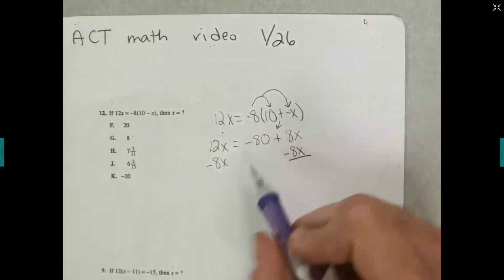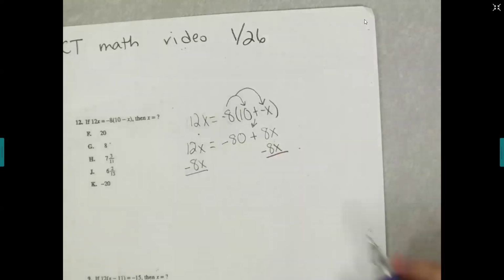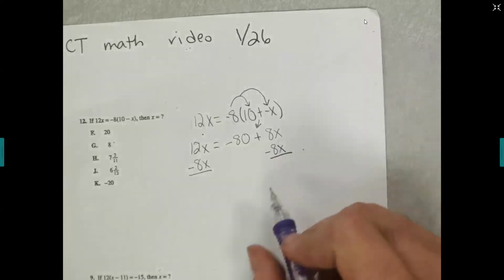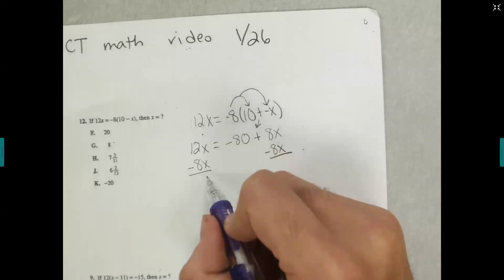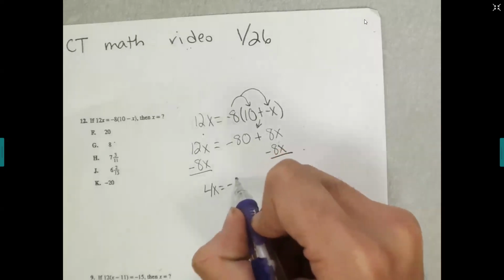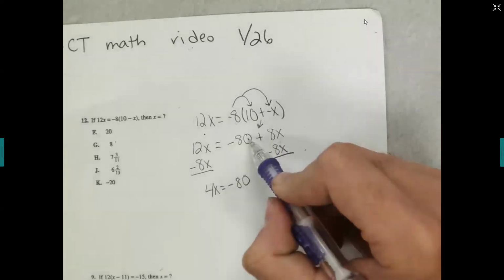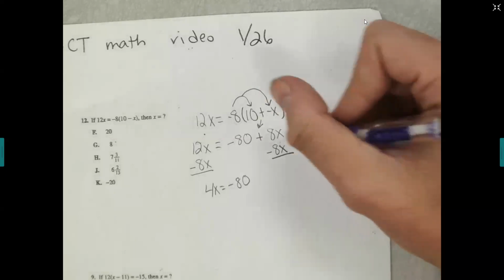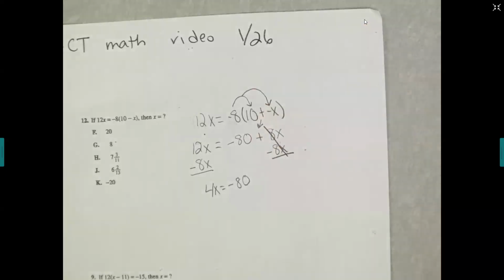So again, what you do to one side of an equation, you have to do to the other. And since this is positive 8x, I'm going to subtract 8x. So 12x minus 8x over here would be 4x equals -80, because nothing changed with that -80. And then 8x minus 8x is going to cross out, so we can ditch that.